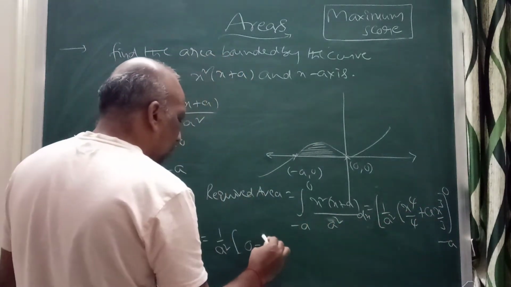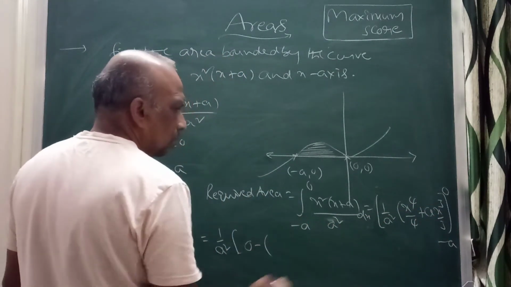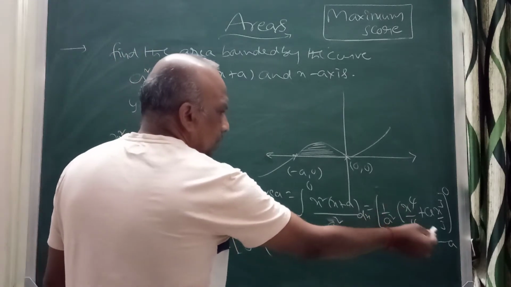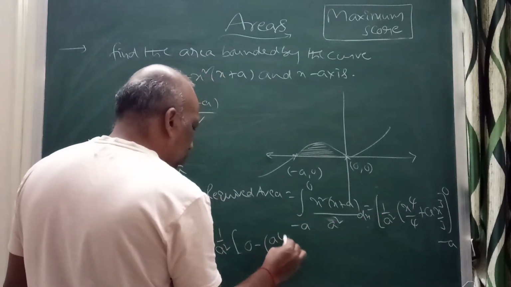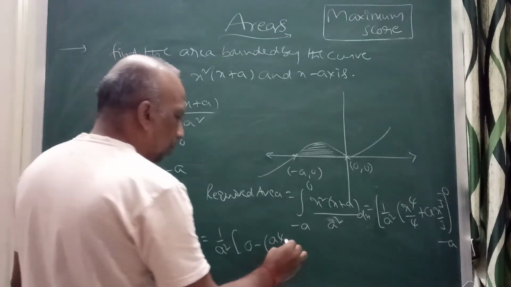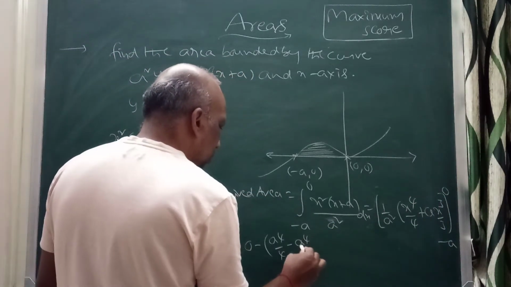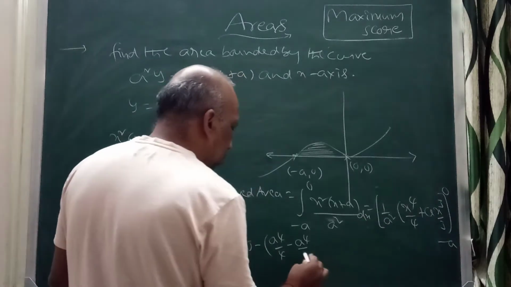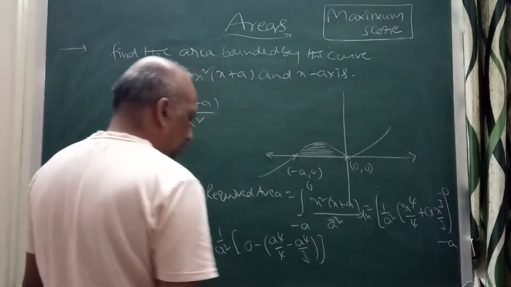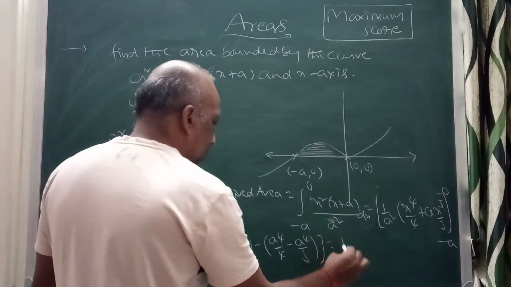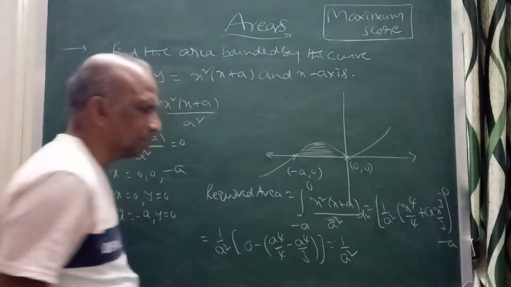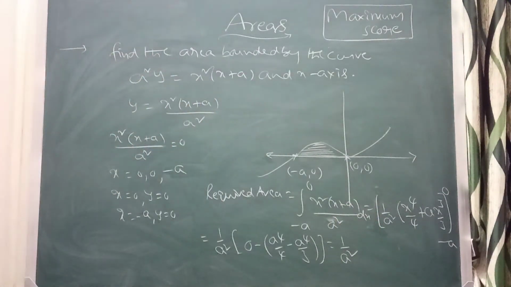Applying the other limit, it will come minus of a power 4 by 4 minus a into a cube by 3, you will get minus a cube by 3. Correct? You can check that, with 1 by a square outside. You can verify this.